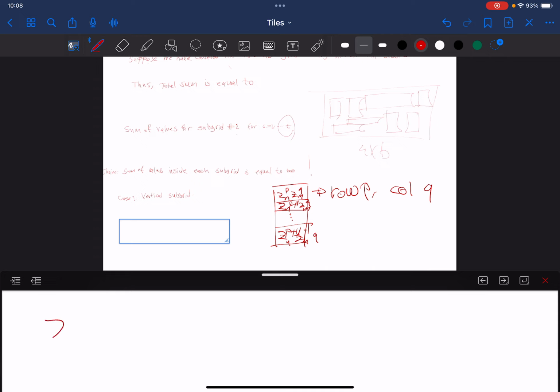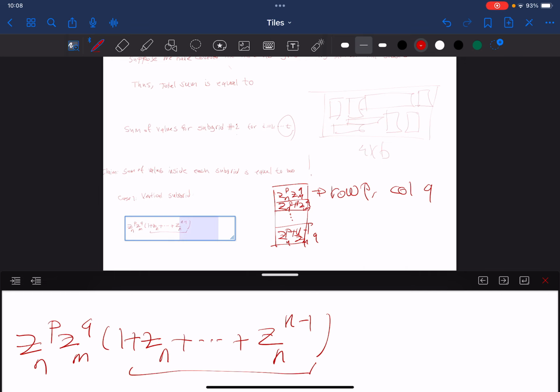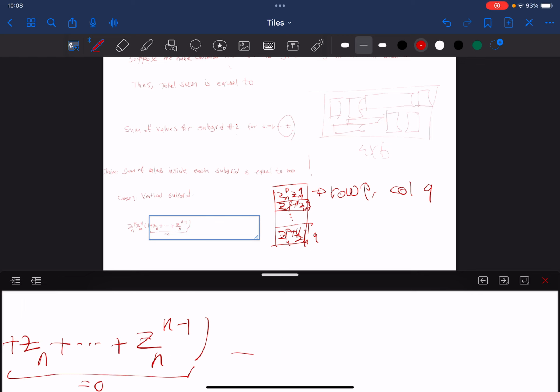Of course, I can factor out Zn to the power P, Zm to the power Q. Then I get 1 plus Zn plus up to Zn to the power n minus 1. But I know that this factor here is 0, so the entire sum is 0. Done. So for vertical subgrids, I get 0.